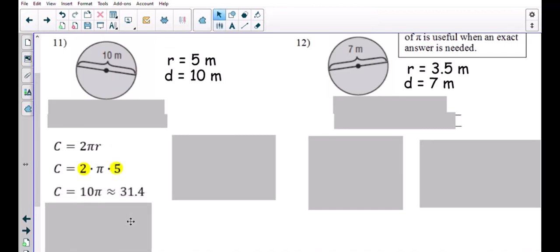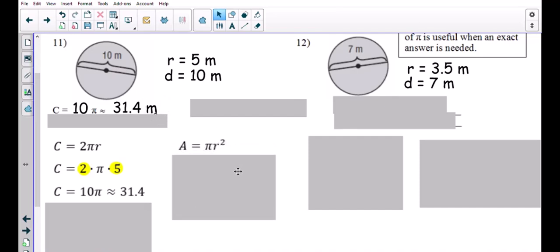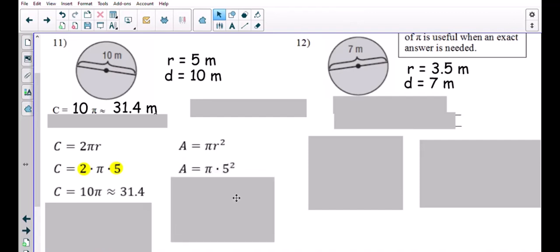And then in my calculator, I just do 10 times pi, which gets me about 31.4 when I round to the nearest tenth. So circumference, you can fill in that blank, equals 10 pi exactly in terms of pi, and that's about 31.4 meters. Since it's a perimeter, our label is meters. For area, we'll do pi times r squared. R in this case is 5.